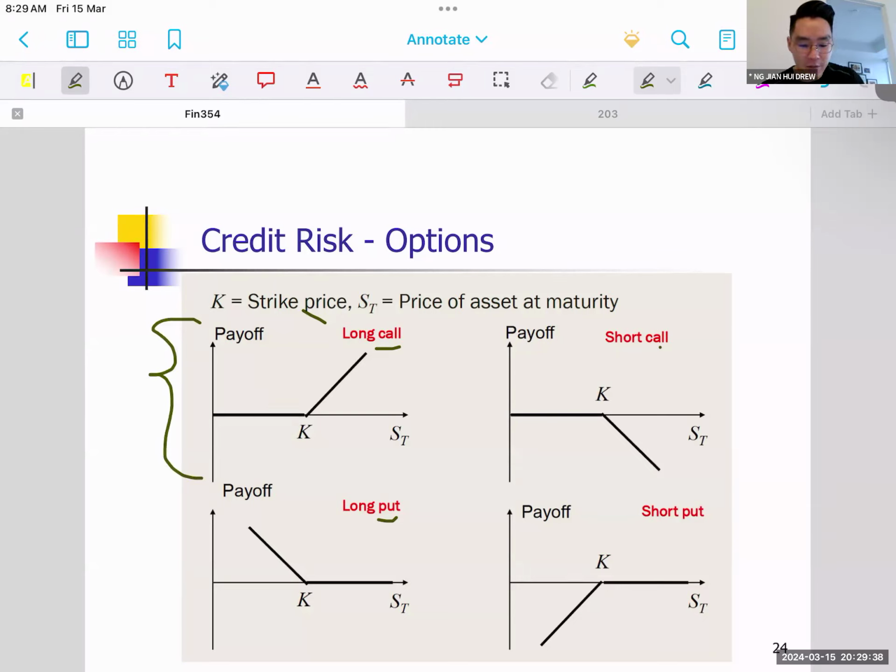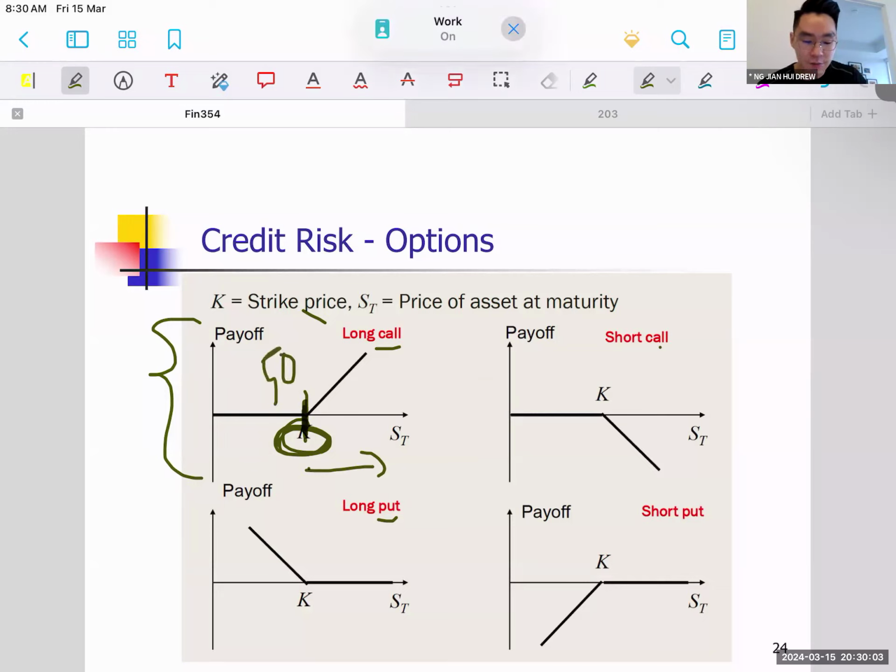The strike price of the option means you're going to buy the stock at this price. If your strike price is here, and your stock price after the strike increases, the underlying increases, your option value increases. Let's say you're going to buy at $50.